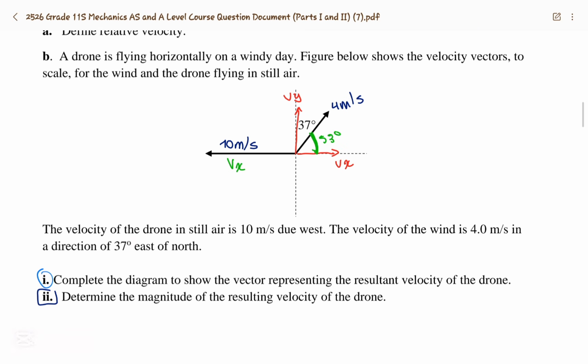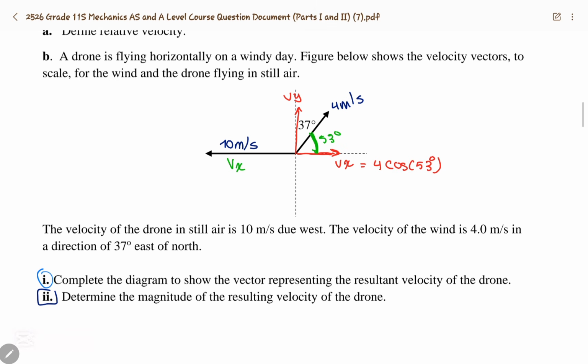First of all, you need to resolve. So let's resolve the velocities. First of all, 4 meters per second at 53 degrees. I want to find Vx. Because the angle is adjacent to the x-axis, Vx is equal to 4 cosine 53 degrees. No need to actually write the full answer. Vy then, it would be what?